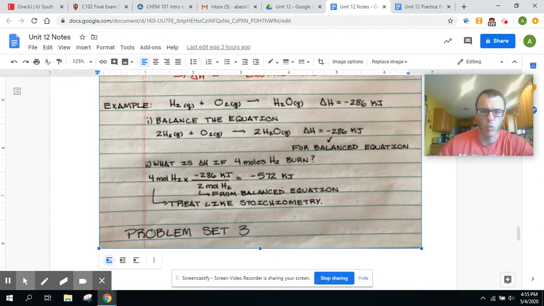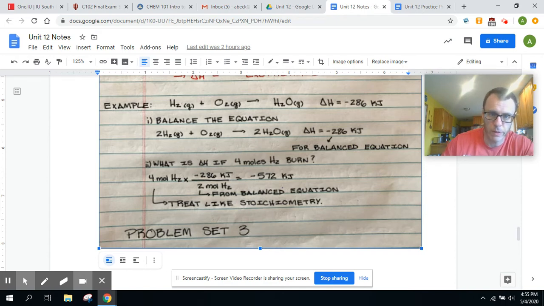Okay, here. What is the delta H if 4 moles of H2 burn? Utilize this like stoichiometry. It's the same idea. You have 4 moles of H2. See, I got it from right there. This conversion factor right in here, that negative 286, comes from this delta H, and it's over 2 moles of hydrogen.